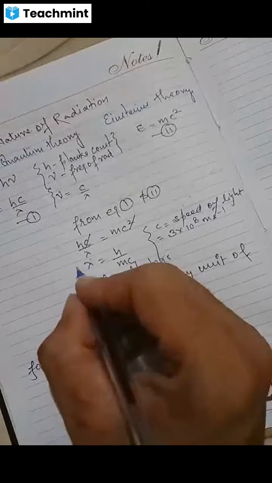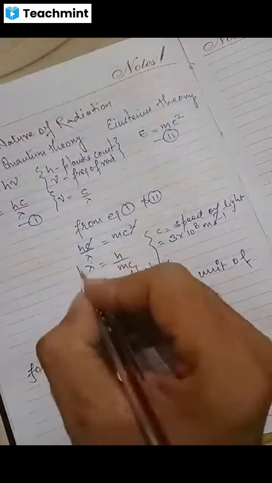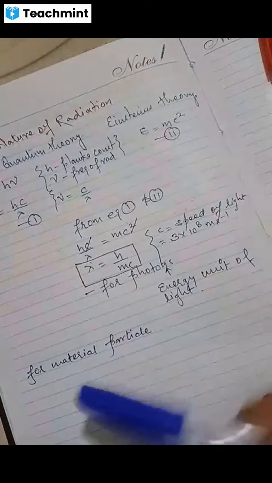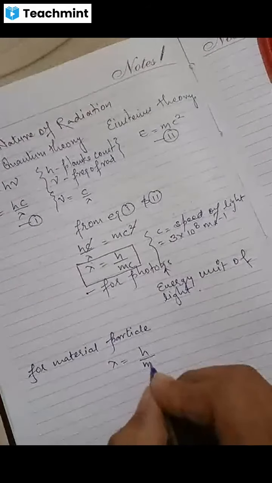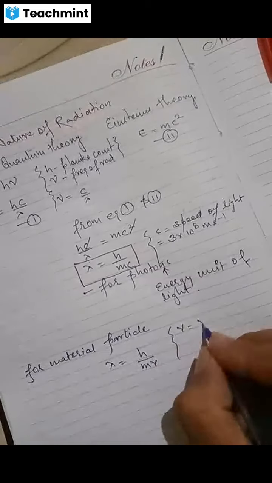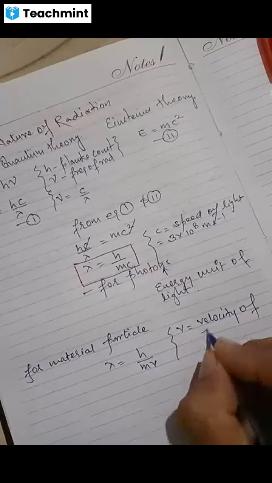Now this is lambda is equal to h upon mc for the photon, right? Lambda is equal to h upon mc. This is for the photon. Now you can also write lambda is equal to h upon mv, where v is the velocity of particle.